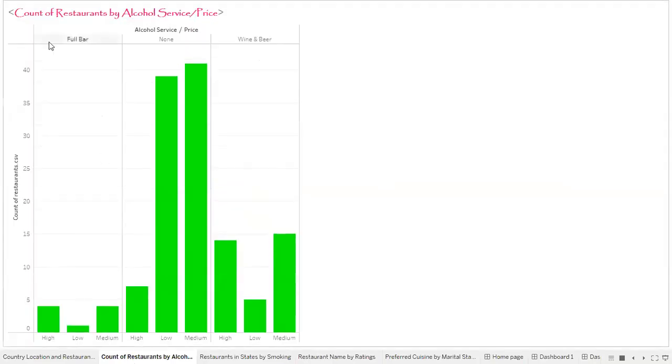And then I also looked at the count of restaurants by alcohol service and price. I noticed that the count of restaurants that do not have alcohol service was quite high. We had 41 restaurants who had no alcohol whatsoever, and the price was quite medium. So it's worth looking at.